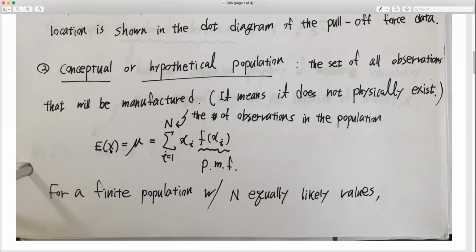Now E of X equals mu, this is the population mean, and the capital letter N is the number of observations in the population.